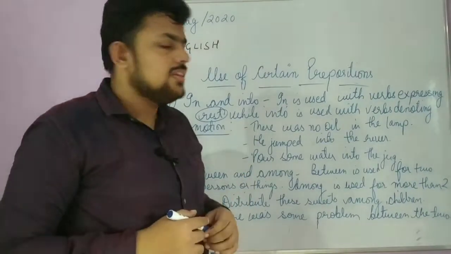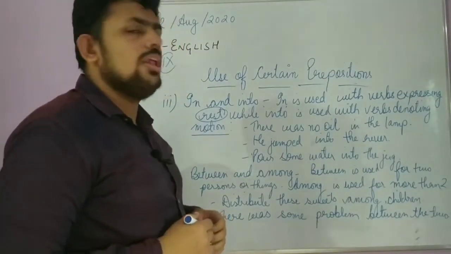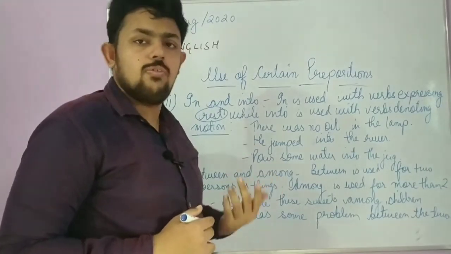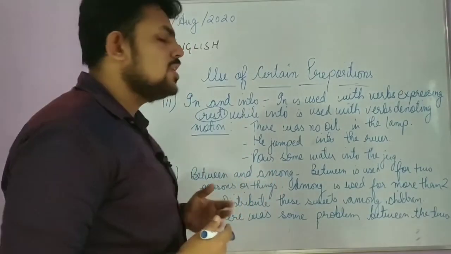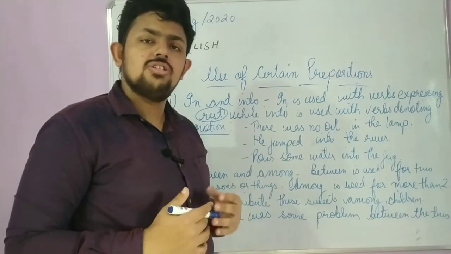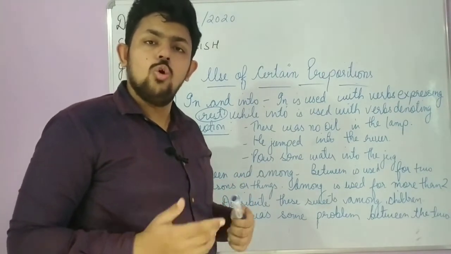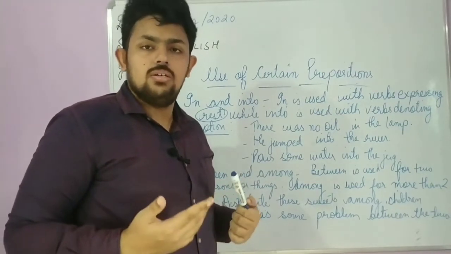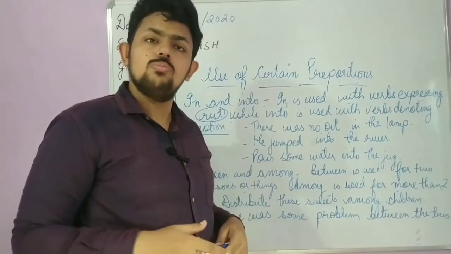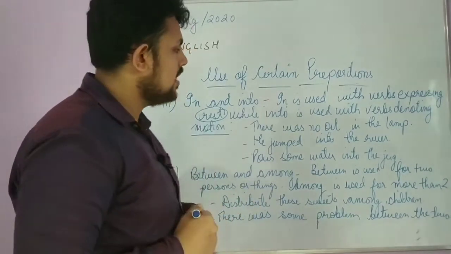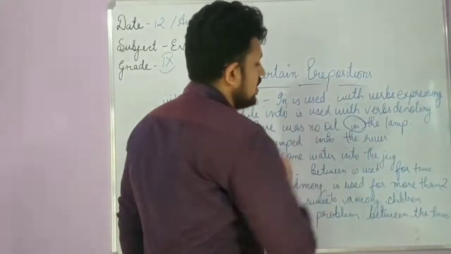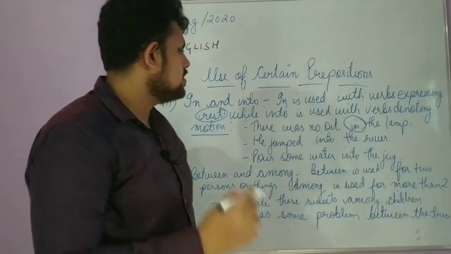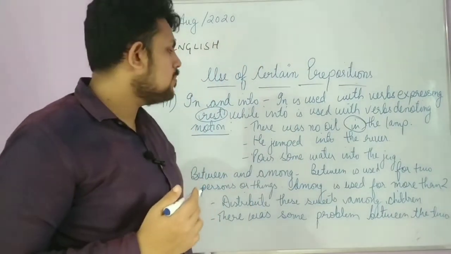Example, there was no oil in the lamp. Rest of the oil. There was no food in the kitchen. There was no one in the room. There were no rooms left in the hotel. So in is used to denote rest, while into is used for verbs denoting motion.